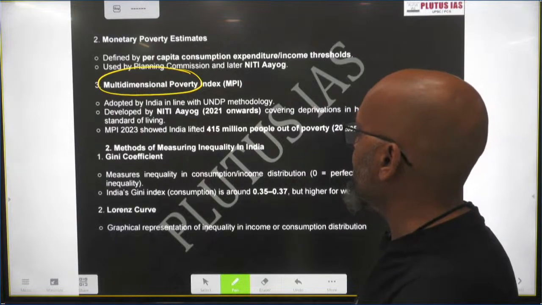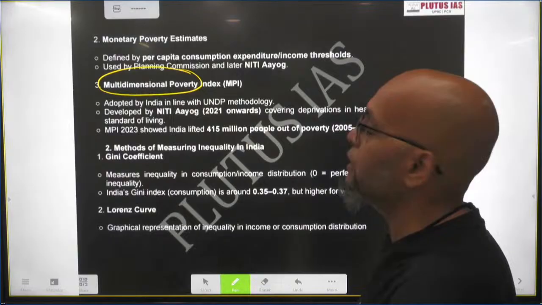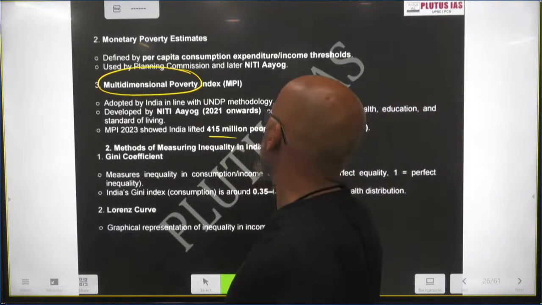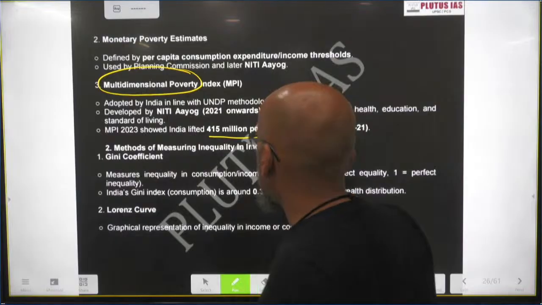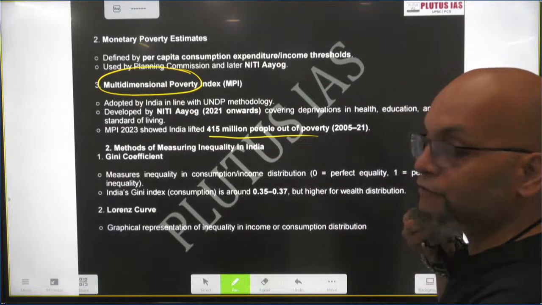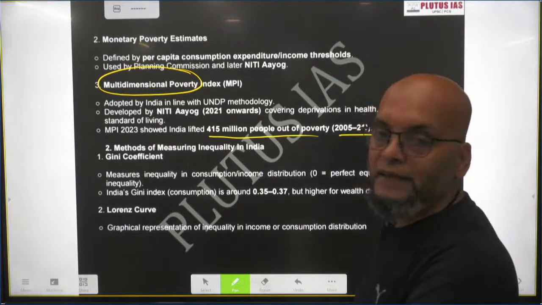MPI 2023 showed India lifted 41.5 crore people out of poverty from 2005 to 2021.